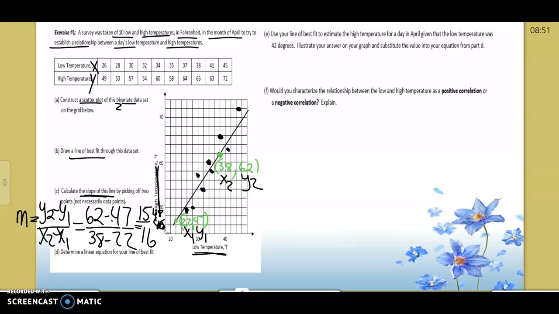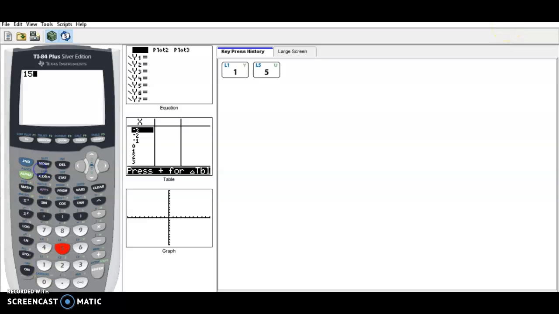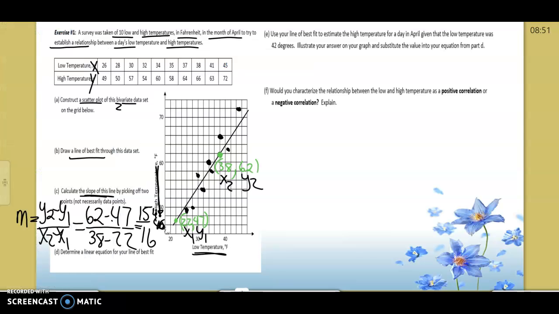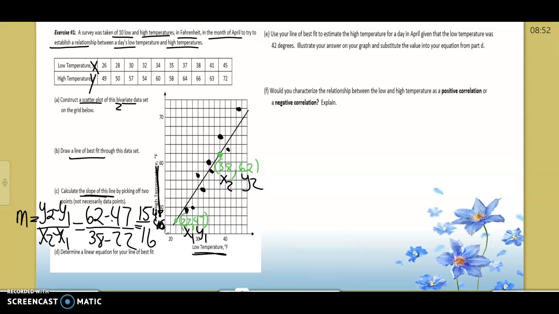So this is 15 over 16. And if we were to divide that, fifteen divided by 16, we'd get a slope of 0.9375. So a little less than 1, right? So our slope, our m value is m equals 0.93, a little less than 1.